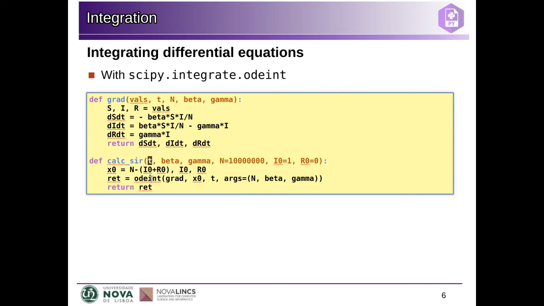And now we're going to call the int, the function to integrate the differential equations, and we're going to give it as a first argument the function that outputs the gradients. Notice that we are not putting here parentheses or anything after this, because we do not want to execute the function at this point. We want to give the function object to int, so that it can call the function whenever it needs.